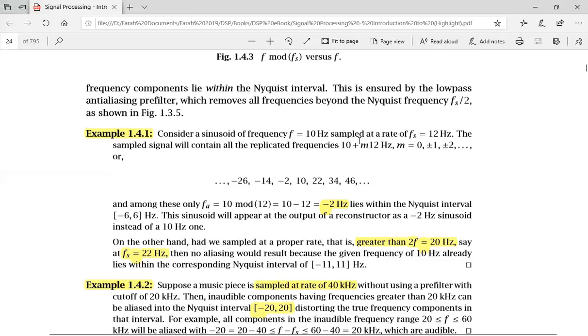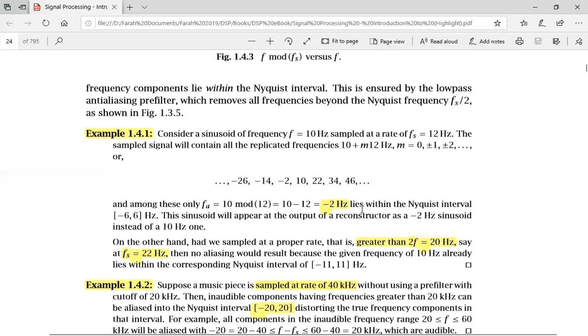Okay. Now, what we have discussed in this picture: after sampling a 10 hertz signal at 12 hertz, so many, an infinite number of frequencies, have been generated. But the question arises: what would be the frequency of the reconstructed signal?